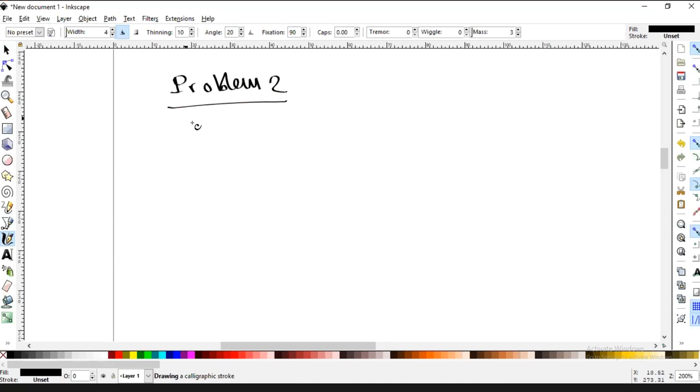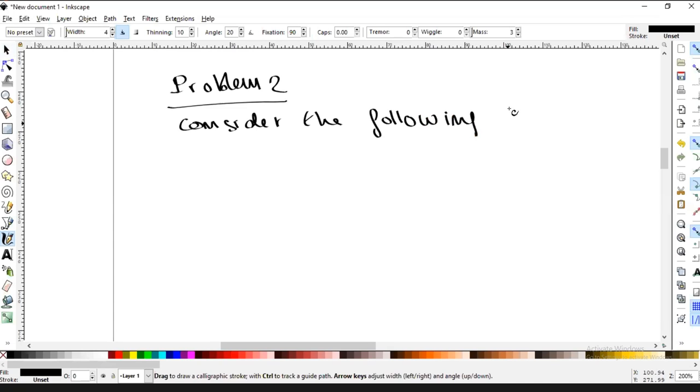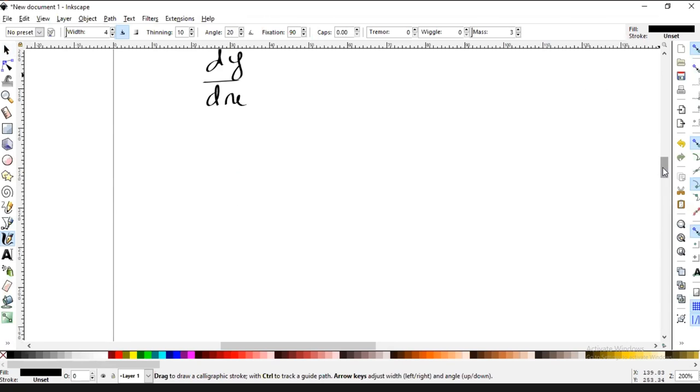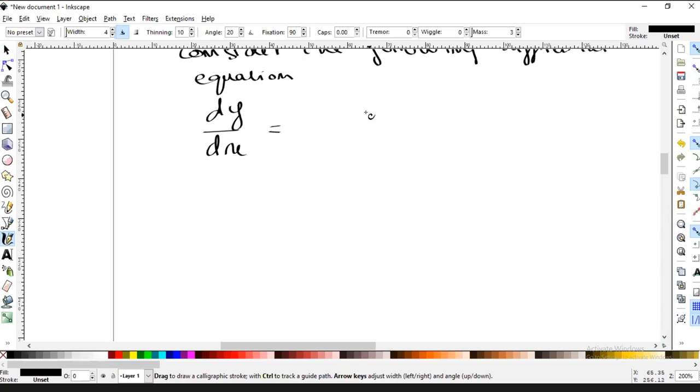Consider the equation dy over dx is equal to 1 plus y squared, with y of 0 equal to 1.